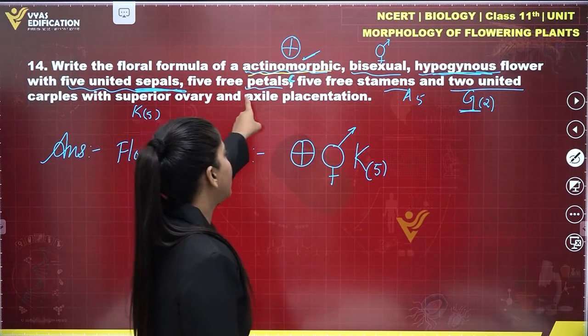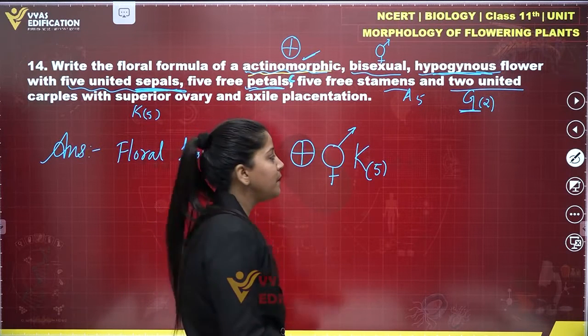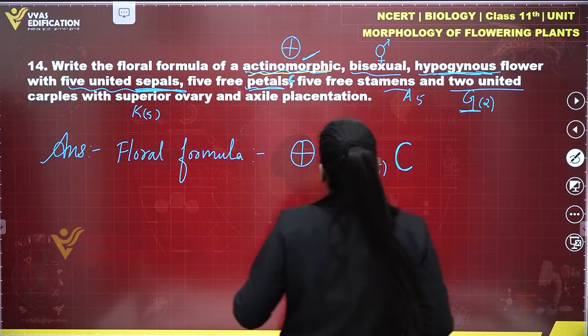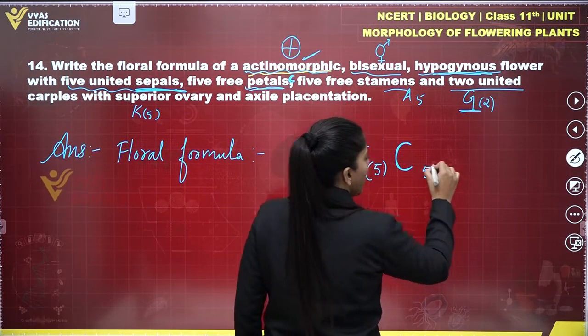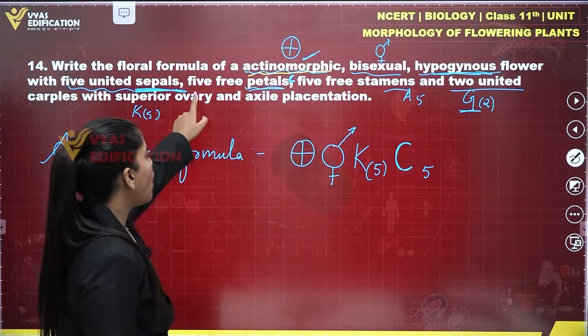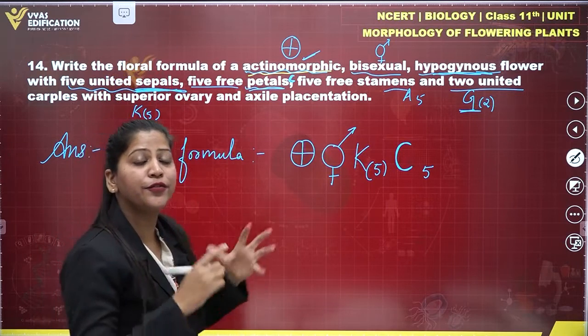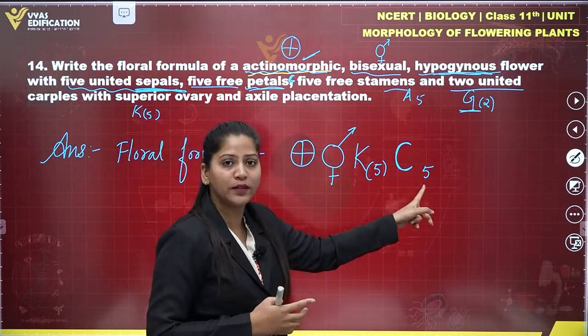Then we have petals, which are represented as capital C because they have another name, corolla. Corolla or petals are also 5 in number, so we'll write 5. But they are not united, they are present separately, so we are not going to make any bracket over this 5.